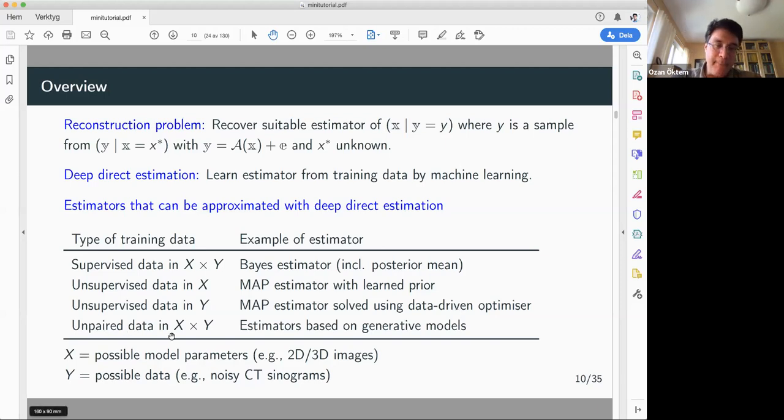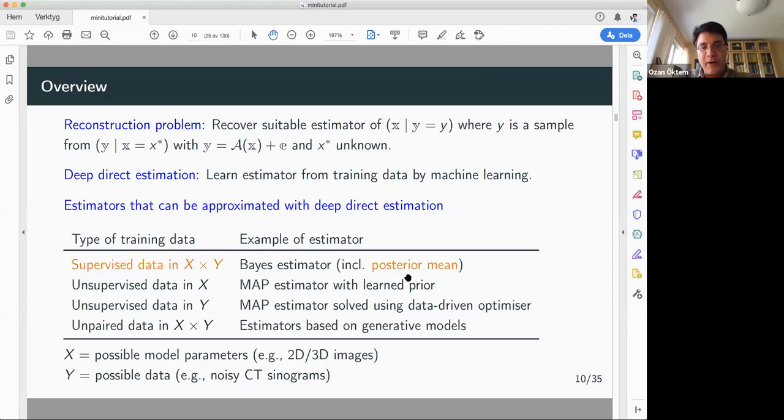And finally, if you have unpaired data in X and Y, then there's a bunch of estimators that you can compute that are given by generative models that we won't have so much time to touch on, but worth mentioning at least.